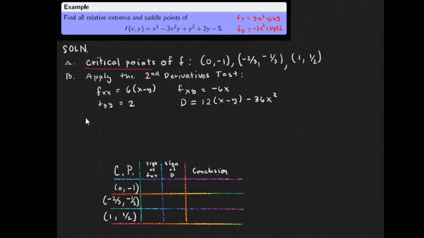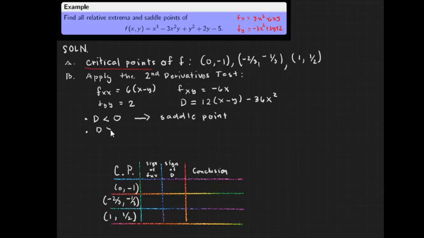And note that if we can show that D is negative at the critical point, then our conclusion is f has a saddle point at the critical point.